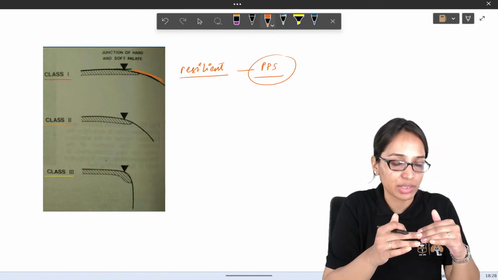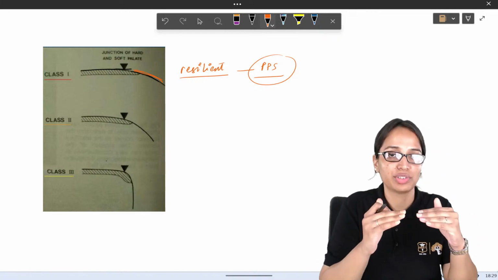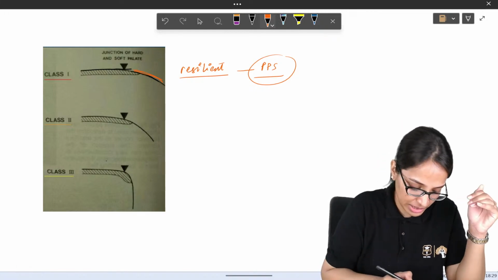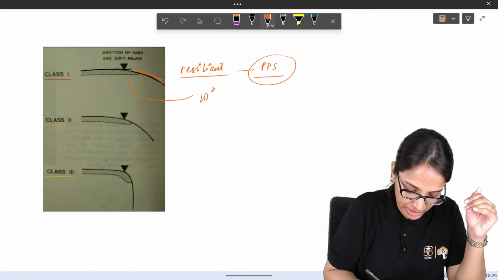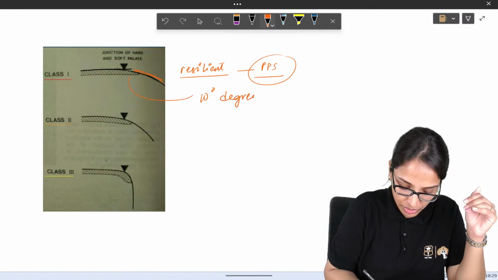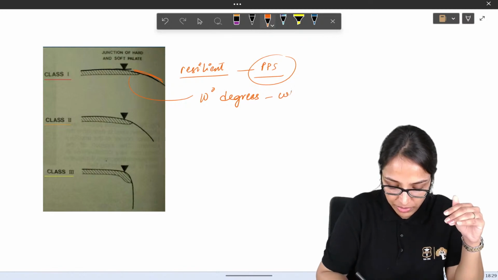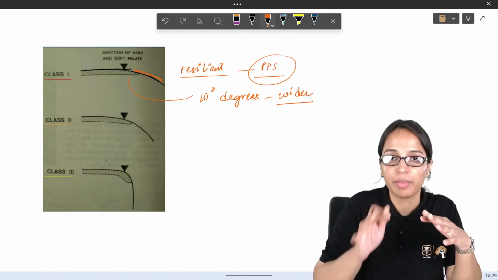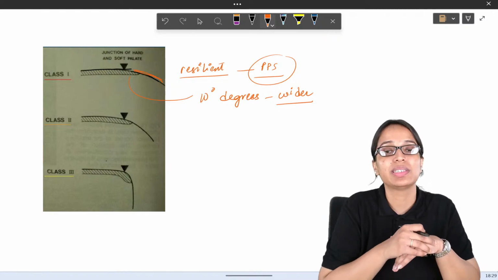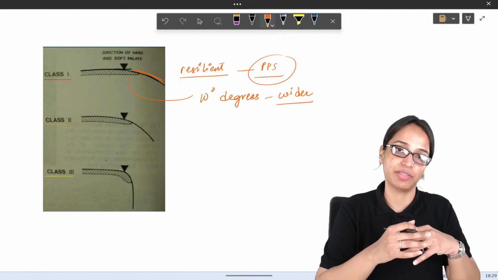Now there are three classes of PPS. If this junction between hard and soft palate is at an angle of 10 degrees, that means the soft palate is relatively horizontal, and you get a wider area for compressing, or rather the correct word is damping. You get a wider area for damping.